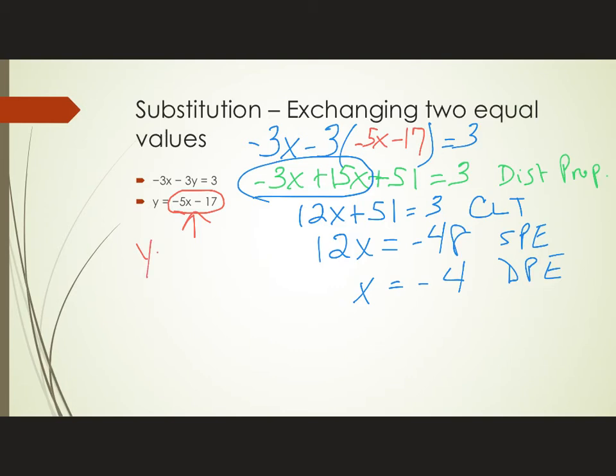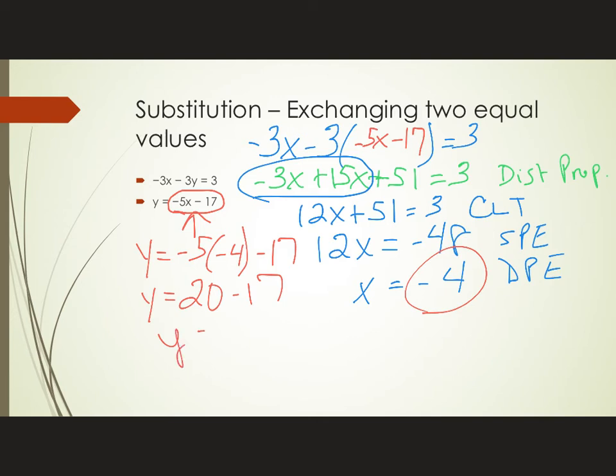So I'm going to do y equals negative 5 times negative 4 minus 17. So y equals negative 5 times negative 4 is 20 minus 17. Y equals 3. So now my ordered pair is, once again, I have my x's first, negative 4, 3.